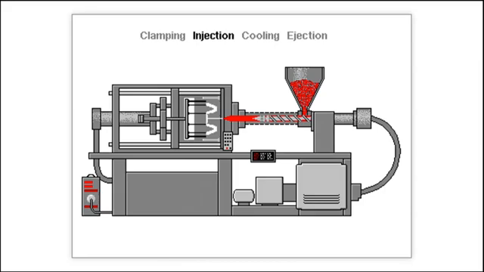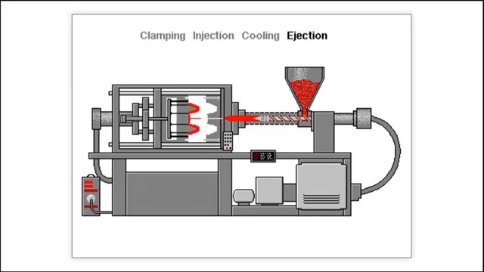There are some major steps of the injection molding process. The injection molding process starts from closing the mold, or we call it clamping.